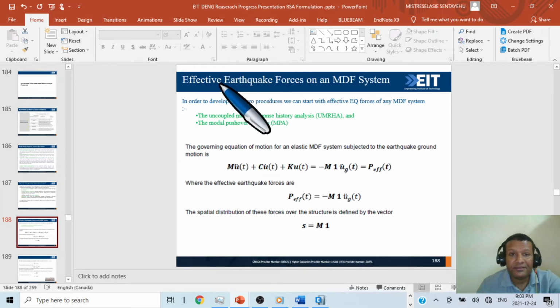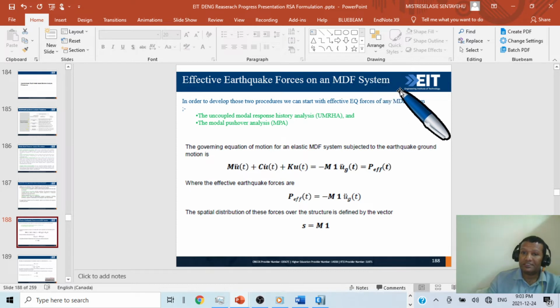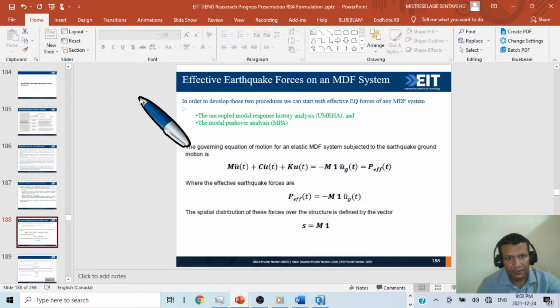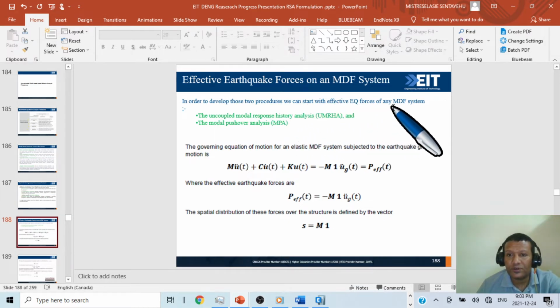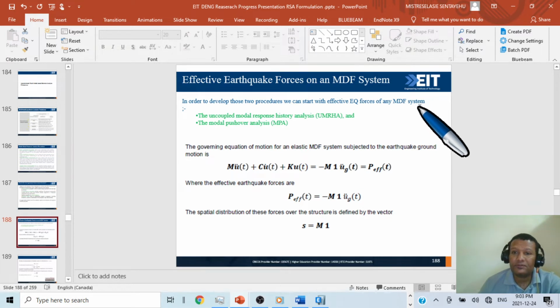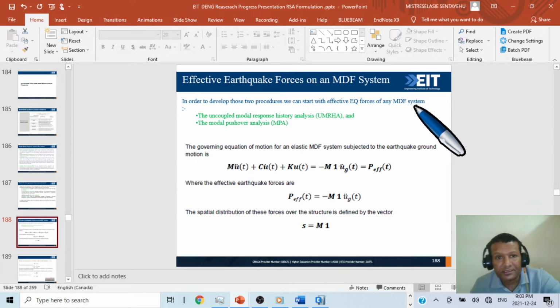So, effective earthquake force on a multiple degree of freedom system. In order to develop those two procedures, we can start with the effective earthquake force for any multiple degree of freedom system.